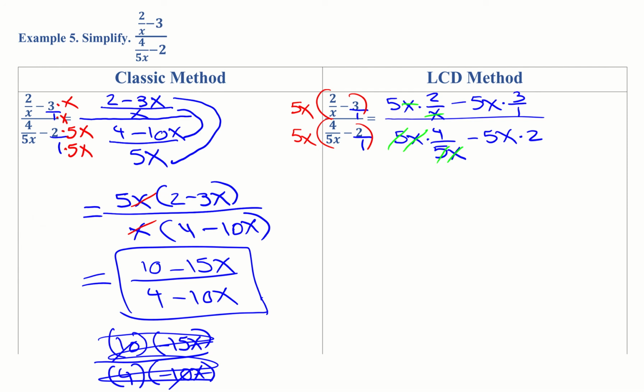So we're going to get 5 times 2, which is 10, minus 15x over all that's left here, 4 minus 10x.